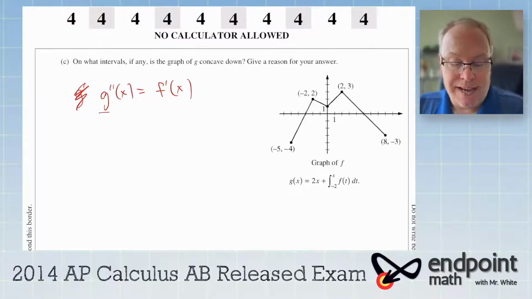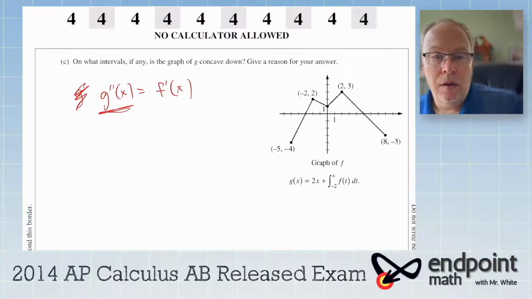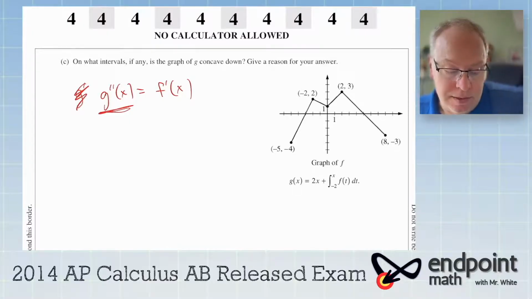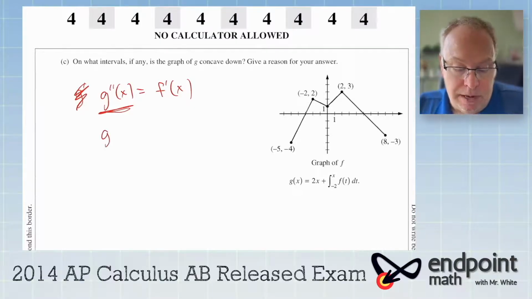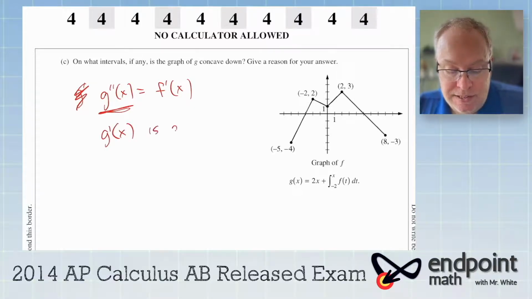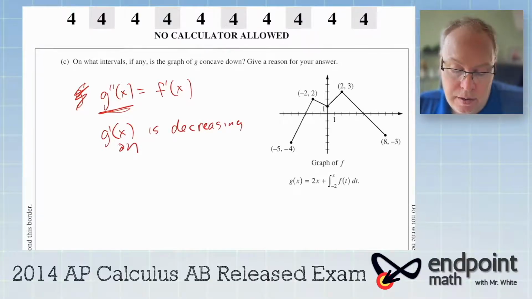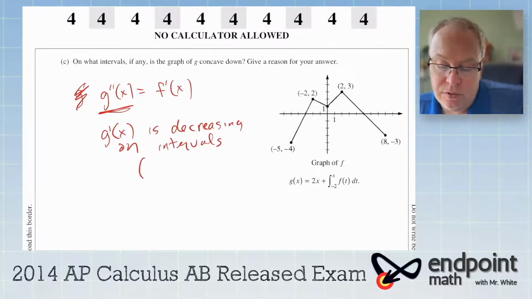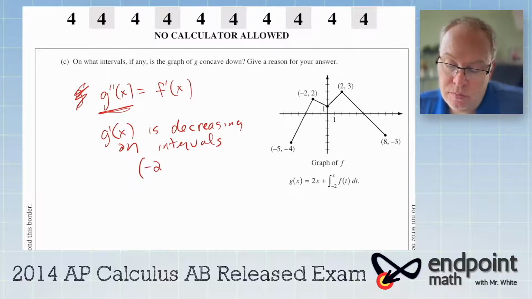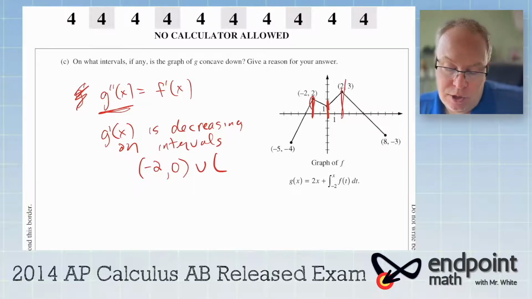Now I've got the second derivative. I'm talking about this side right here. So when is the second derivative negative, or the first derivative, meaning this, is decreasing on intervals. Now these are going to be x values from x equals negative 2, that's right here, from here to here, union, and then from here, which is 2, all the way to 8.